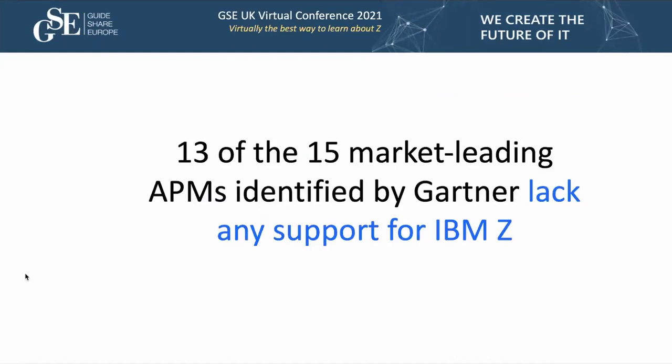One thing that has been very clear over the last few years is that APMs have been very focused on some of the cloud first technologies and some of those areas. And for a lot of our customers, we find that many of the popular APM tools really do lack support for the mainframe out of the box.